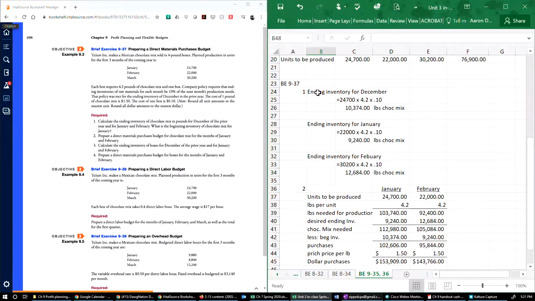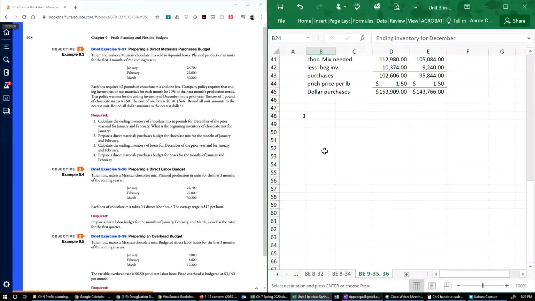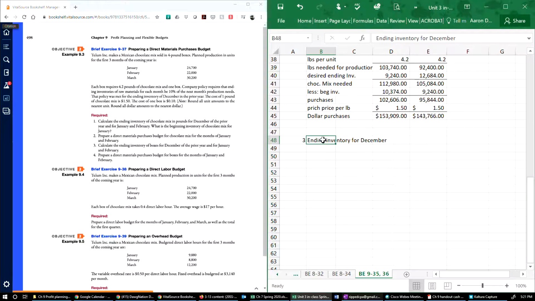So let's do that for boxes. And this computation is going to be a bit easier because, well, the unit is a box. So we don't have to deal with the 4.2 pounds per box. We don't have to do that this time.